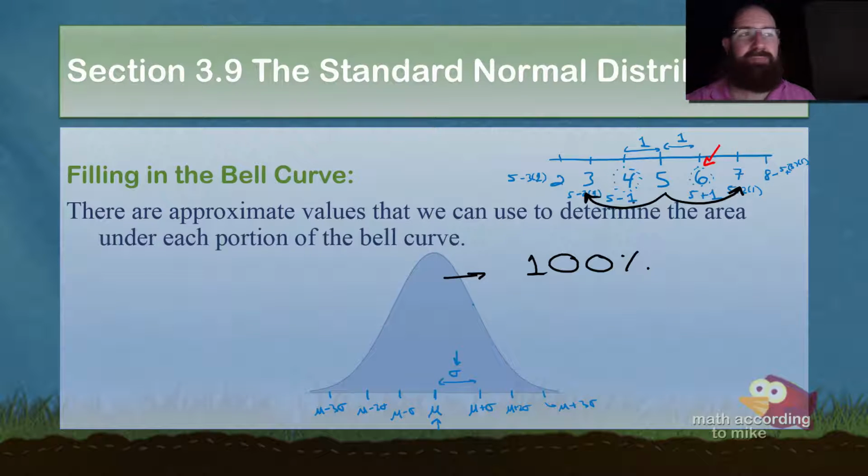Since we have symmetry at the mean, and if the entire thing adds up to 100, that means 50% of the population are within each part.